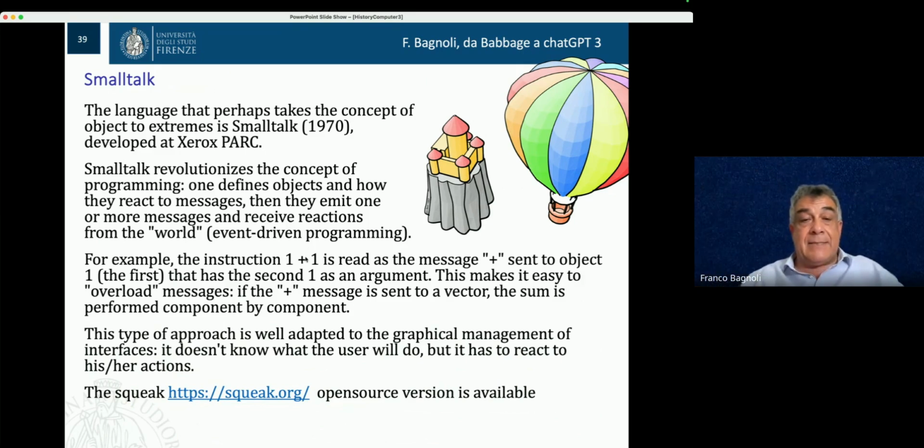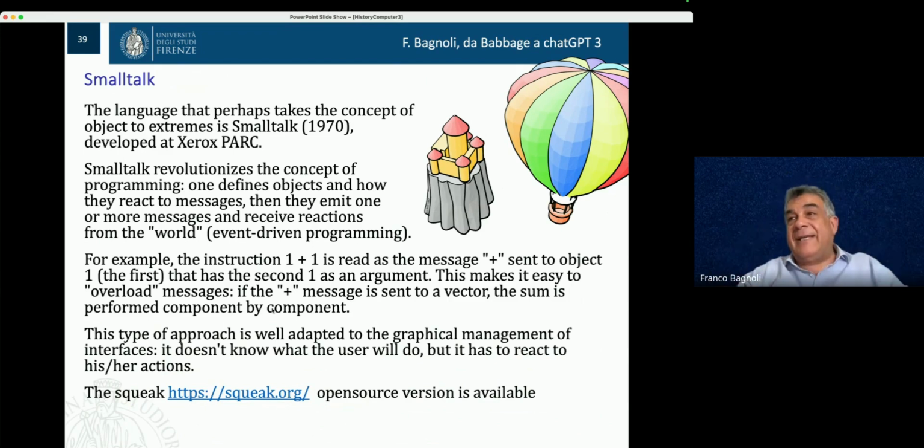Plus is the message, and 1 is the content of the message. So in some sense, if you switch these two in Smalltalk, you are doing something really complex, because it converts a message into an object, and an object into the body of the message.